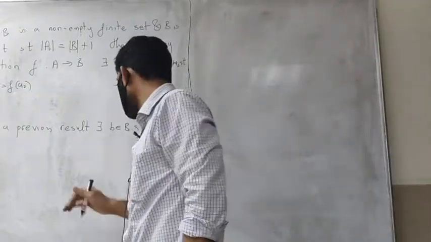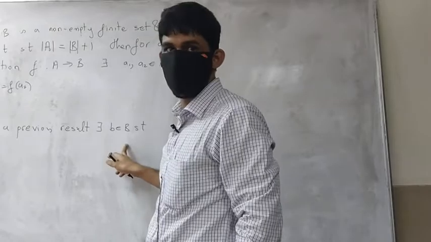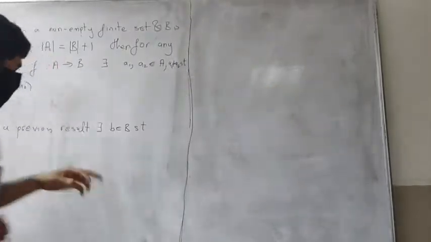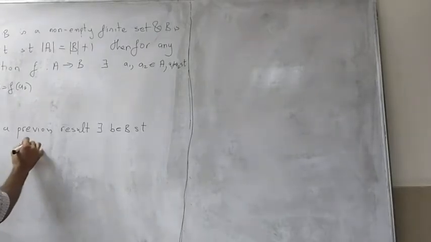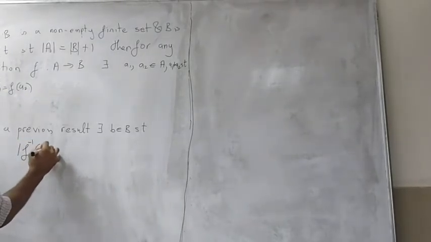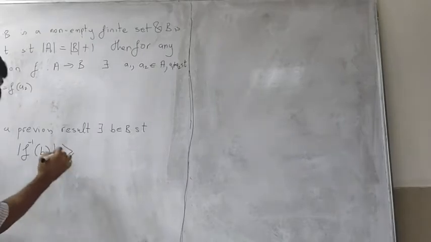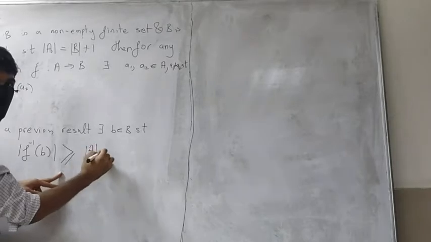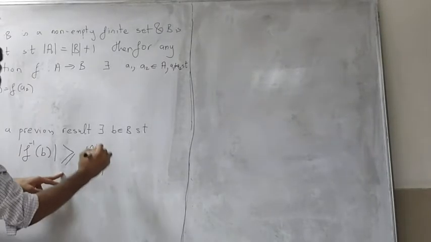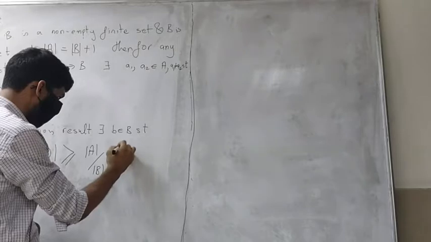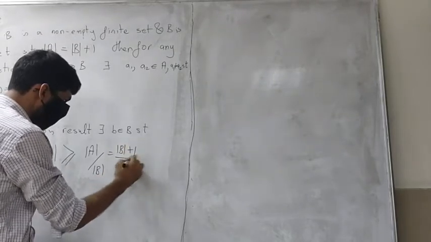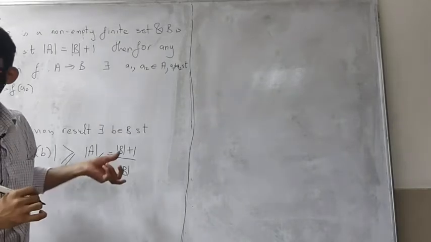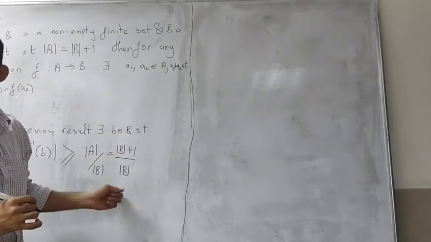So by a previous result, there will be some b in B whose pullback, the cardinality of f inverse of b, is greater than or equal to the cardinality of A upon the cardinality of B. But the cardinality of A is the cardinality of B plus 1, so the numerator is bigger than the denominator.